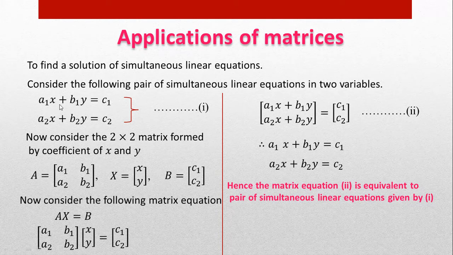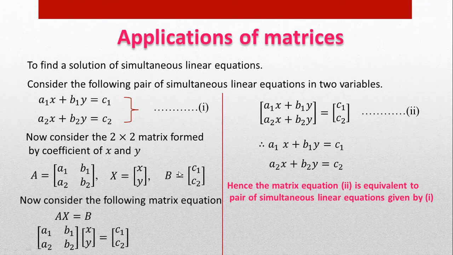First of all, here we write two simultaneous equations in two variables. Then we form the matrix of coefficients of x and y. Then we write matrix X, matrix B, and just by taking the matrix equation AX is equal to B, we compare the matrix equation with the given pair of simultaneous linear equations, and we observe that both are equivalent to each other.